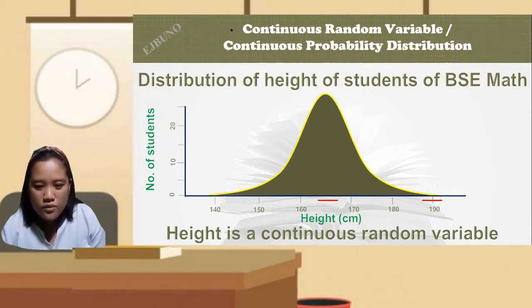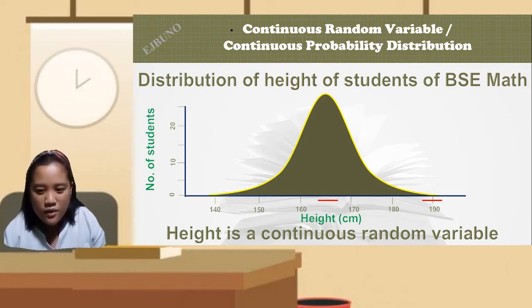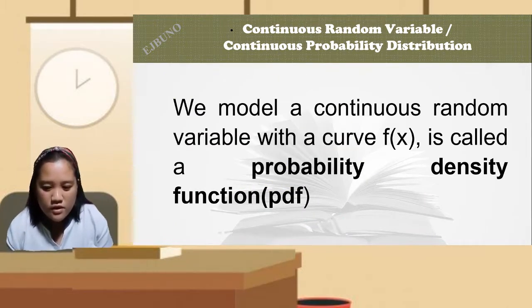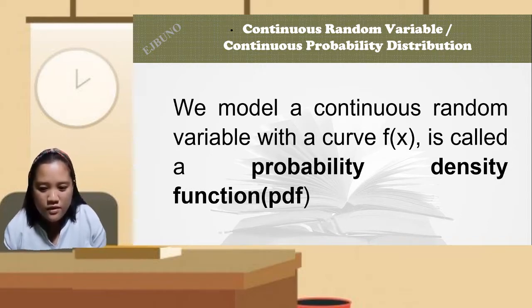So here we would be more likely to get a height in this range than way out here in the extreme. We model a continuous random variable with a curve f of x called a probability density function or PDF.